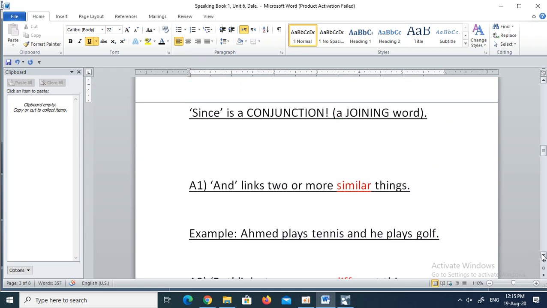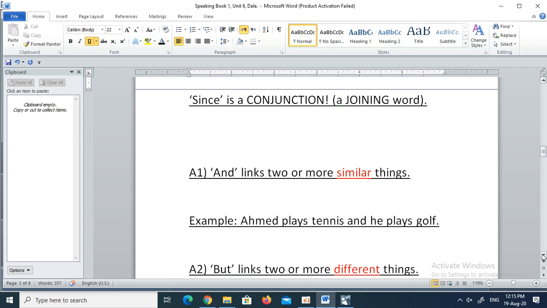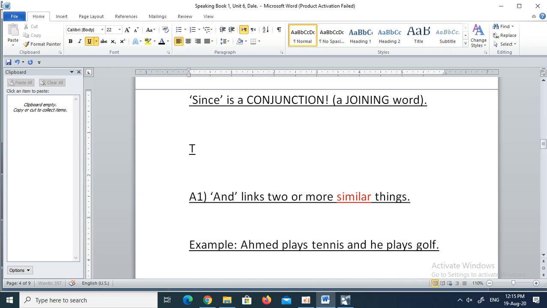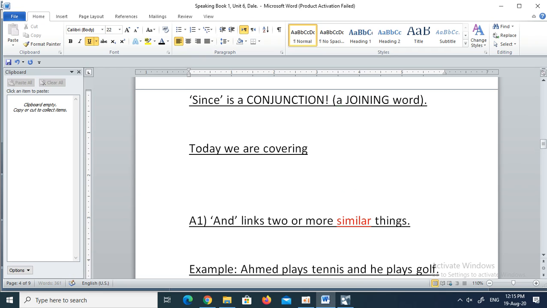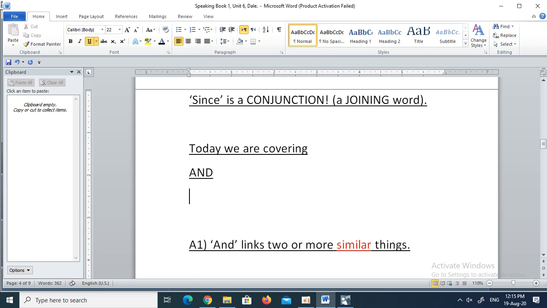Okay, now the two conjunctions we are using today are and but. So that is the first conjunction we are covering today, and that is the second one.